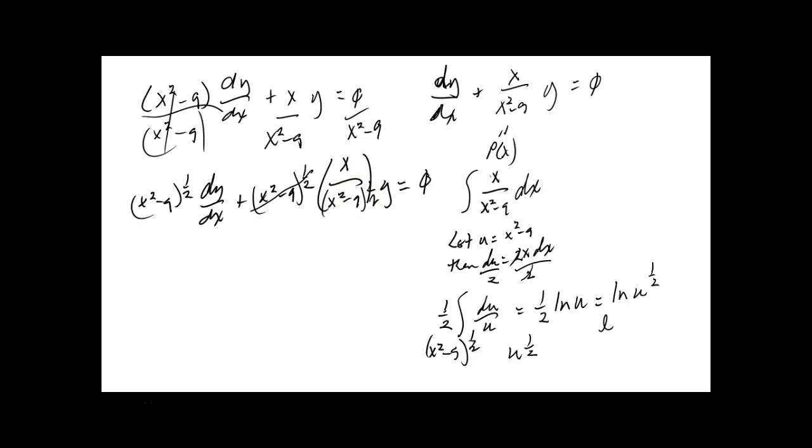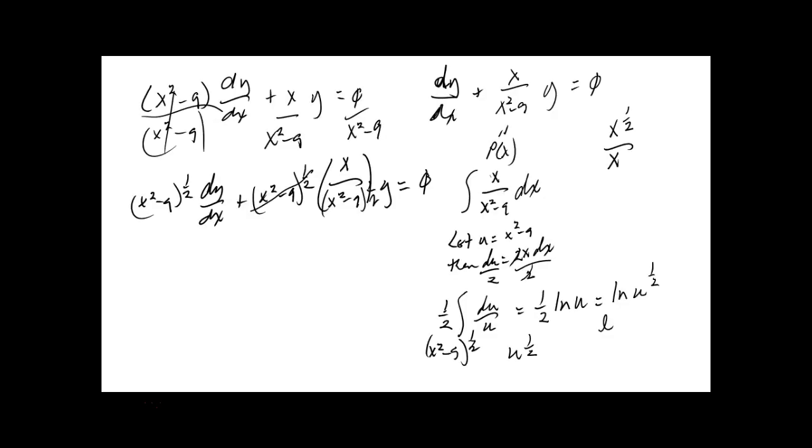Okay. If I had x to the 1 half over x. Yuck! Okay. What would that be? No? X to the 2. Okay, this would be x to the 1 half divided by x to the 2 halves.